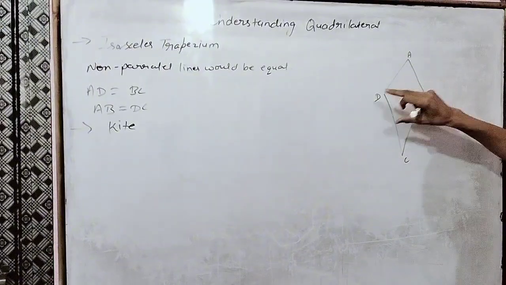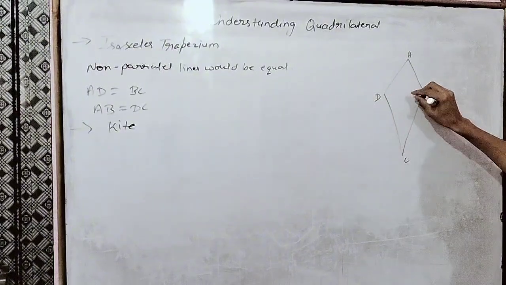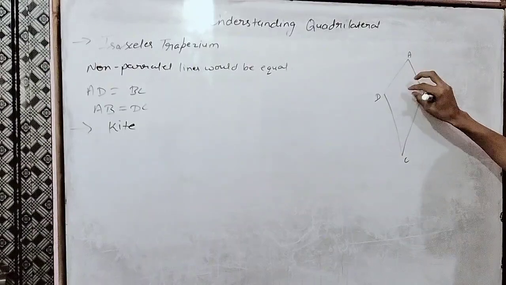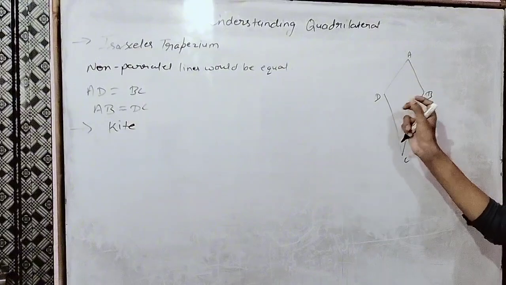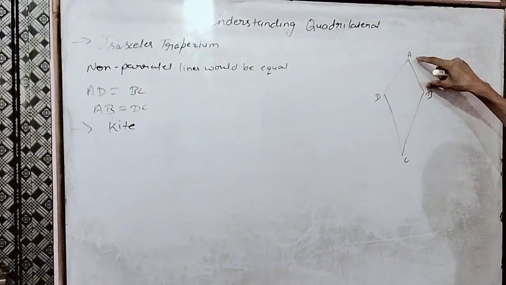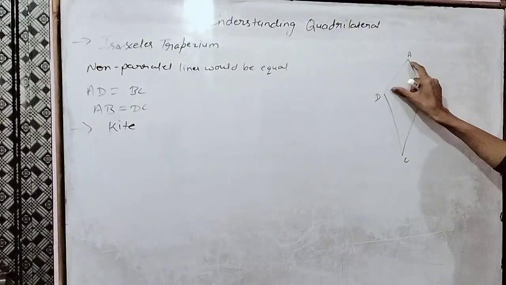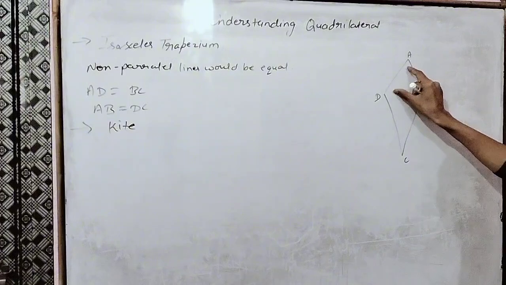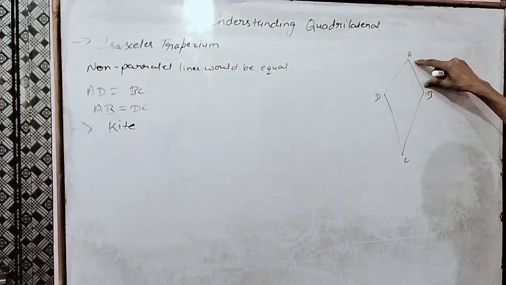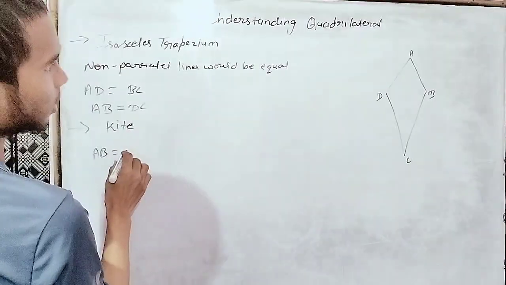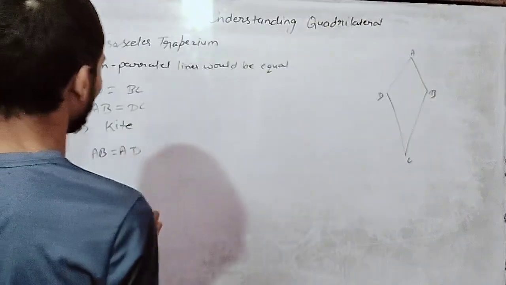But here, to define a kite, we can see adjacent sides are equal to each other. So the adjacent of AD is here. This is AB. So the adjacent of AD is also BC. But here we are talking about equal. So equal to this adjacent is this AB. So we can write the measurement of AB would be equal to AD.